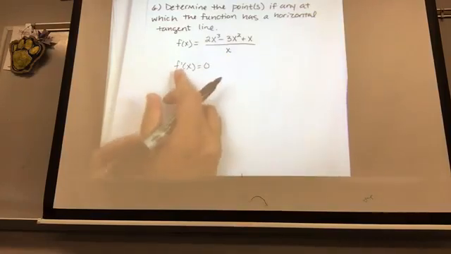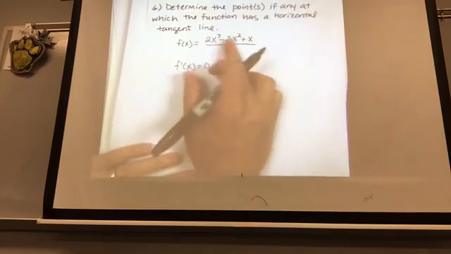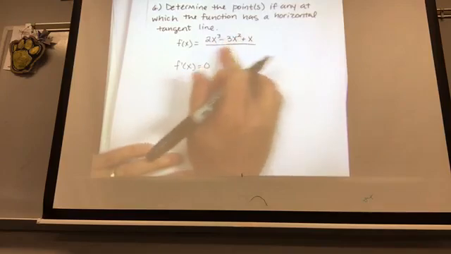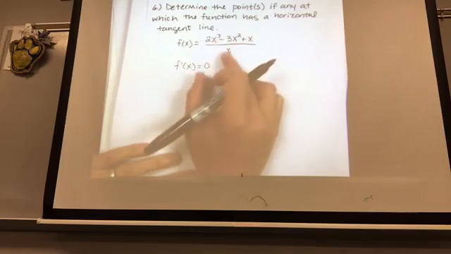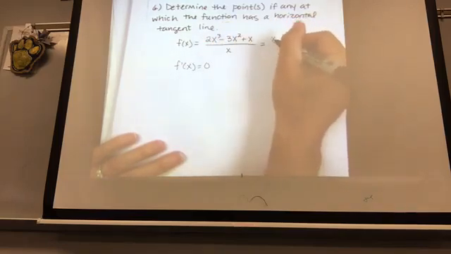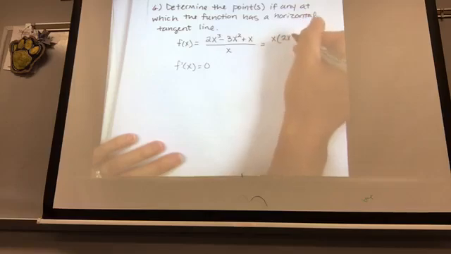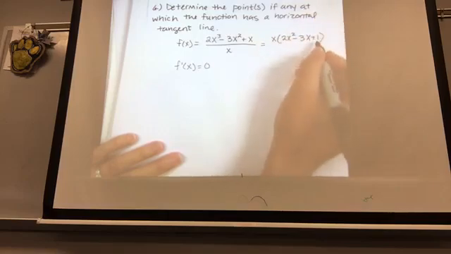So to get f prime of x without using the formal definition, I want to make this a power rule equation. Notice that each one of these has an x in it, so we can factor and divide it out. I can rewrite this by factoring x out of the numerator, writing it as 2x squared minus 3x plus 1, over x.